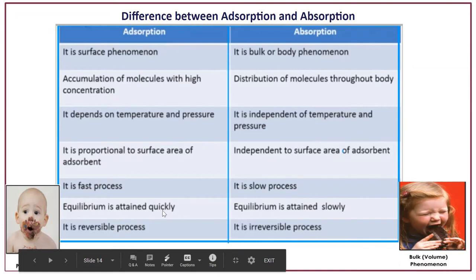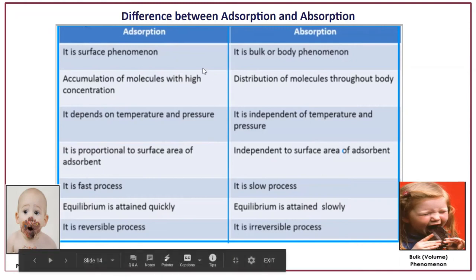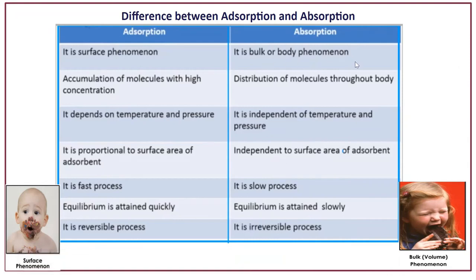Adsorption is a reversible process, and absorption is an irreversible process. So we should remember there is a difference between adsorption and absorption. Adsorption is a surface phenomenon, whereas absorption is a bulk or body phenomenon. Adsorption is a reversible process. Absorption is an irreversible process.